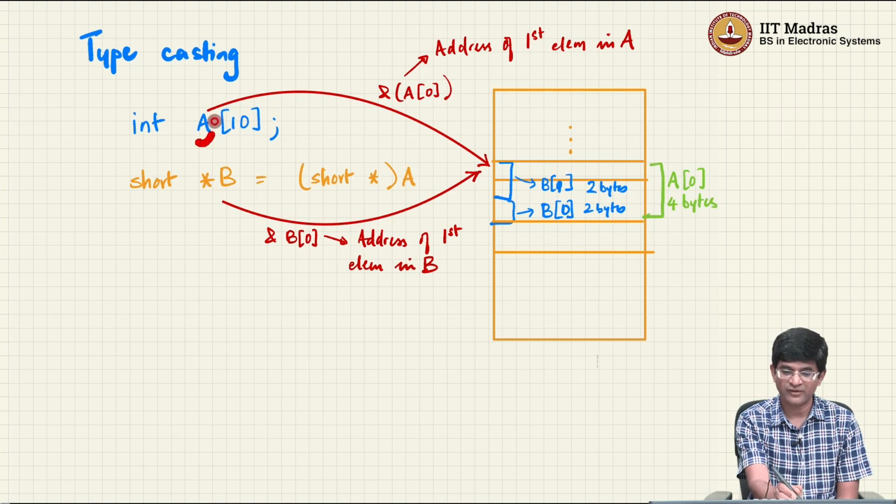In particular, the variable A by itself points to the 0th location of that array. So this A over here has exactly the same meaning as the address of A of 0, which is denoted by this ampersand A of 0 that I have written over here, right. So it is the address of the first element in A.